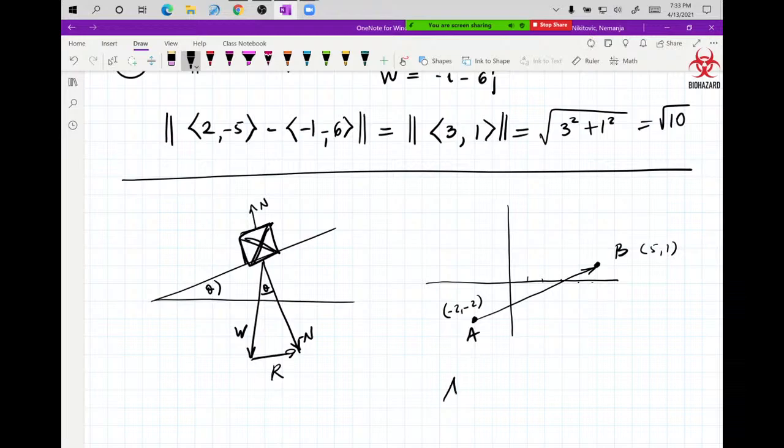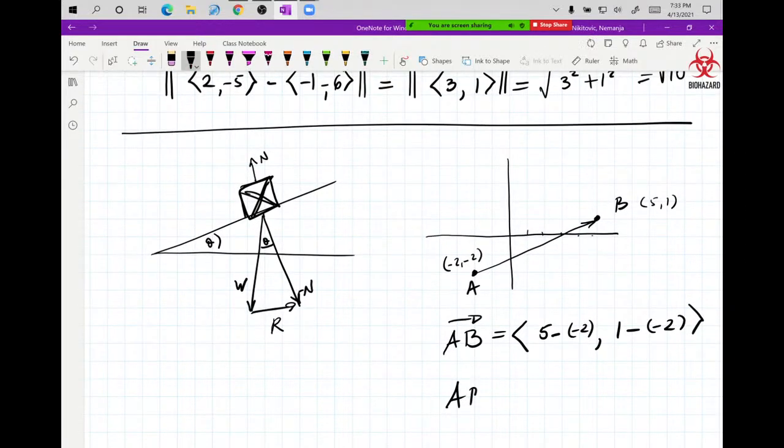To find the vector AB, you will take B minus A, x value minus x value, y value minus y value.